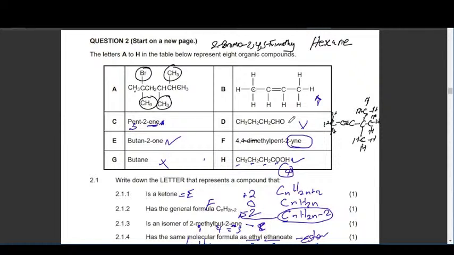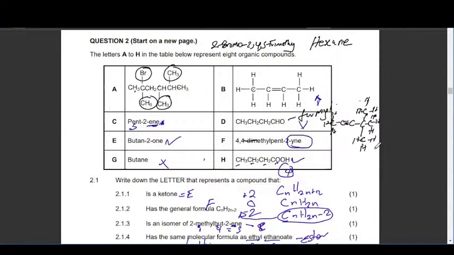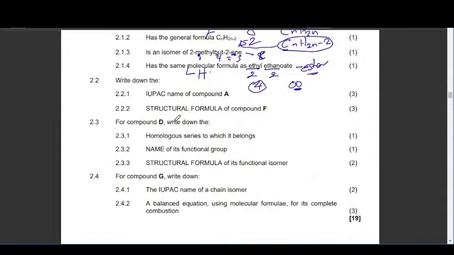It could be formyl or carbonyl. So the answer here is: homologous series, aldehyde, while this one is the formyl or carbonyl.